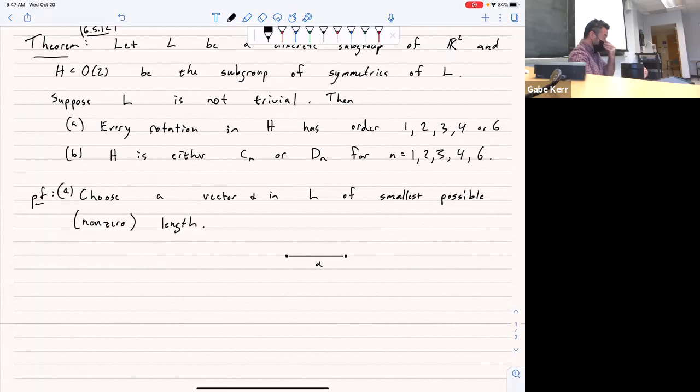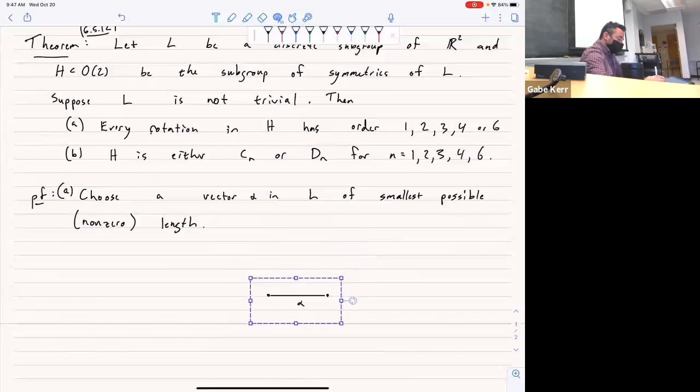Let's do the rotation first. Now let's rotate it by theta. So here it is, rho theta of alpha.